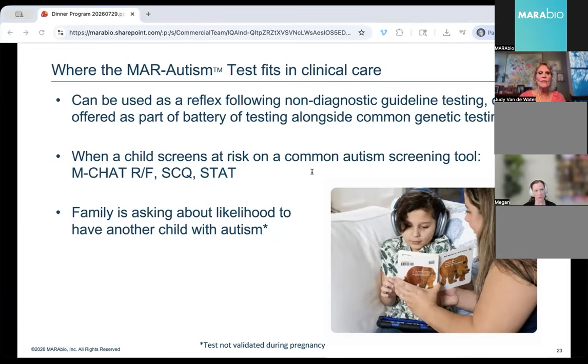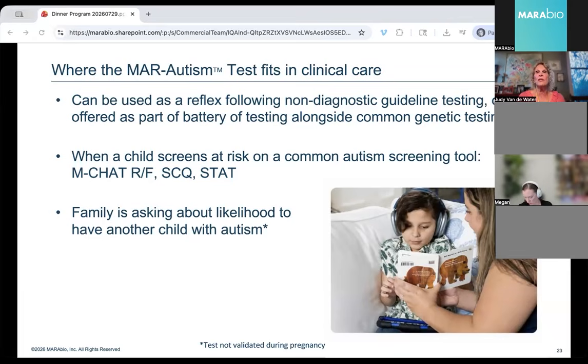Judy, can you comment briefly on the association with tendency towards more severe symptoms? So I think what we've seen in our research studies is just looking at the ADOS total, the severity score, looking at intellectual disability related to the specific patterns that we saw in the MARGIN study.